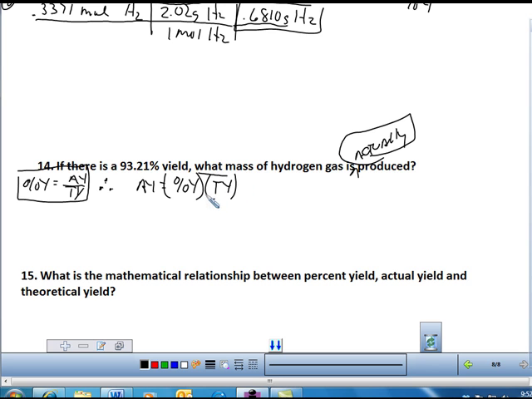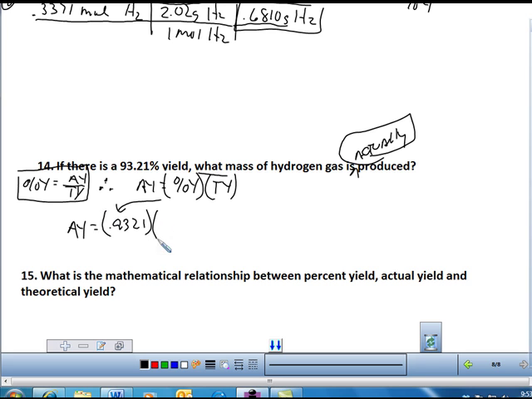Okay? Now, when you look at it like that, it's pretty simple, isn't it? So the first key to this question is realizing that it's asking you for actual yield, okay? The percent yield's given to you. The percent yield is, of course you realize you're going to divide by 100, 0.9321.